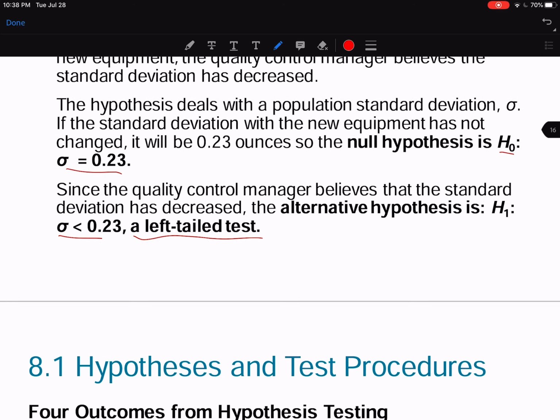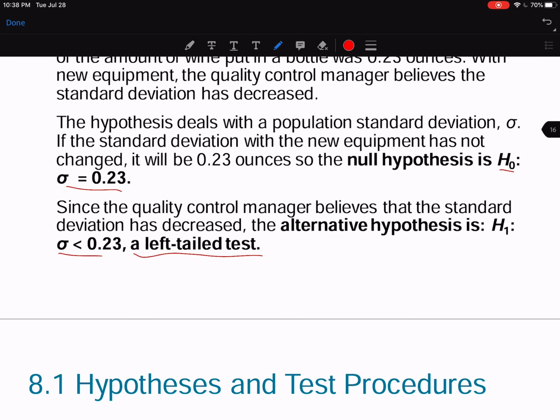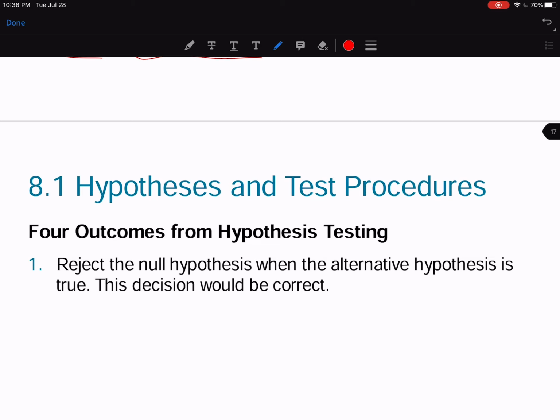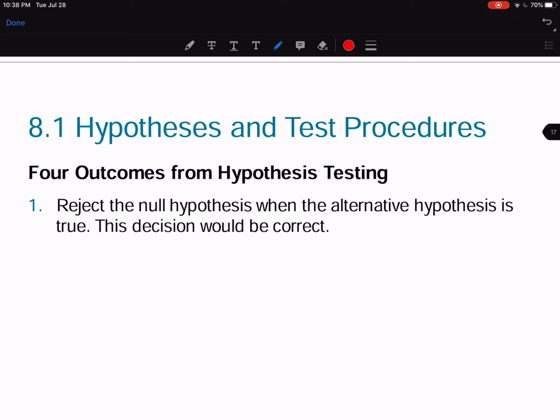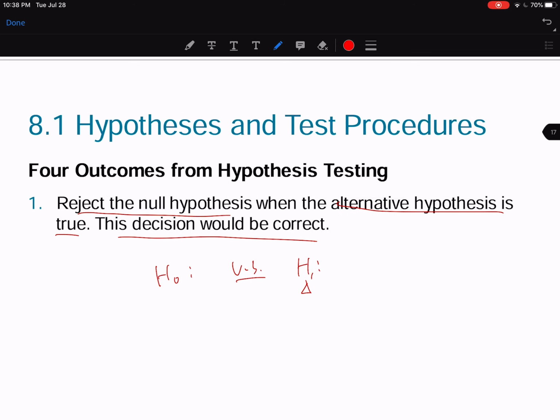So once we know how to set up the null and alternate hypotheses, let's take a look at what kind of possible outcomes we could get from hypothesis testing. So number one, we could reject the null hypothesis when the alternate hypothesis is true, and this decision would be correct. This makes sense intuitively because, as I just said, if we write down the null hypothesis versus the alternative hypothesis H sub 1, we are trying to find evidence to support the alternative hypothesis.